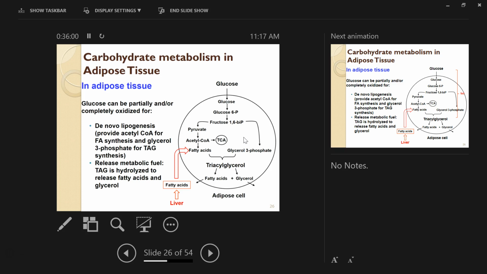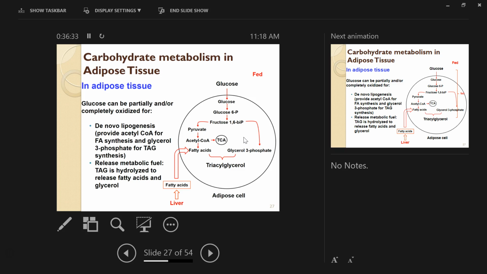So I think, let me see. Oh, okay. So I am going to actually divide this into 2 slides and talk about it under the fed condition and fasting condition. So it's kind of a little bit different. So let's say in the fed condition, the glucose, right, is taken up into the fat cells and goes to the glycolysis pathway, generating pyruvate.